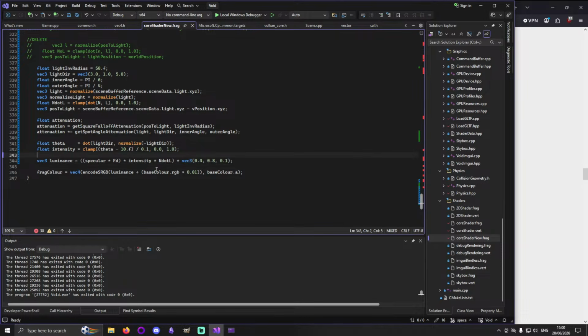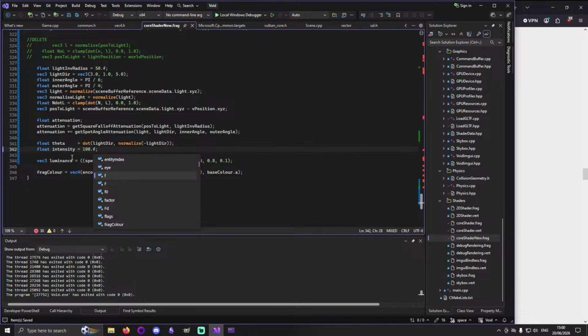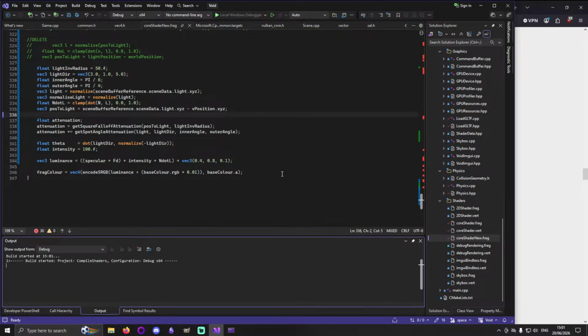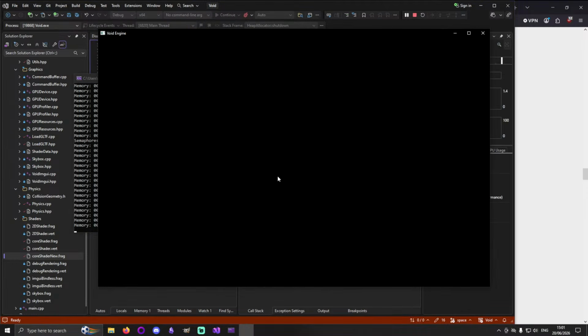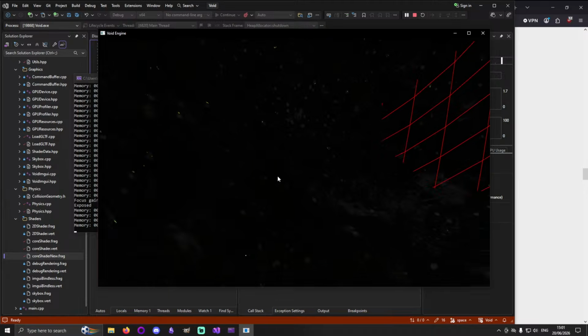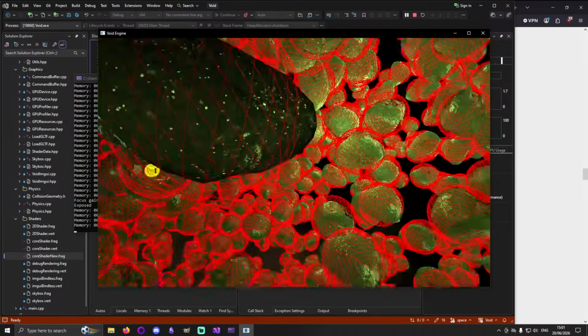I do not see this even a bit. I'm confused, honestly. What is this even doing? This is the intensity? Let's set this to a big value. I'm just kind of curious. What does this even do? Okay, so it just lights up everything.